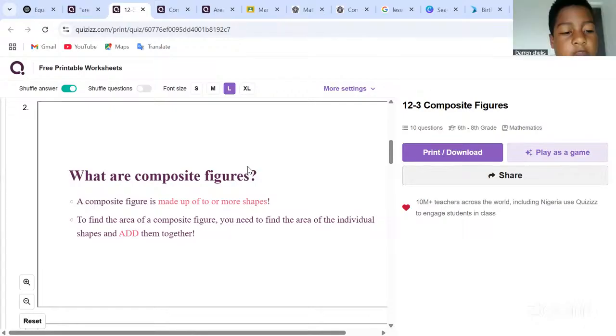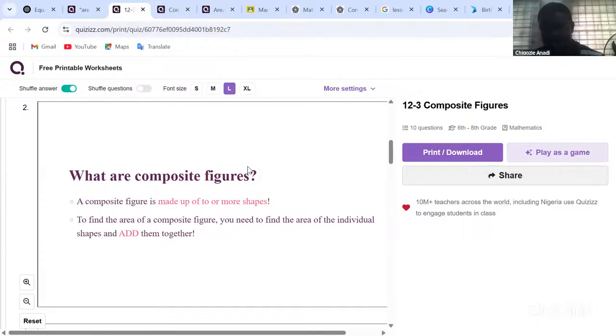To find the area of a composite figure, you need to find the area of an individual shape and add them together. Very good. So to find the area of a composite shape or composite figure, you need to find the area of the individual what? Shapes, then add them up together. What do they mean by that?